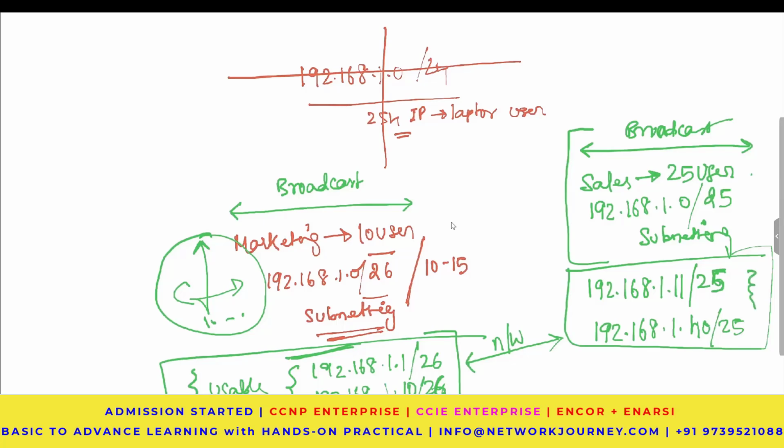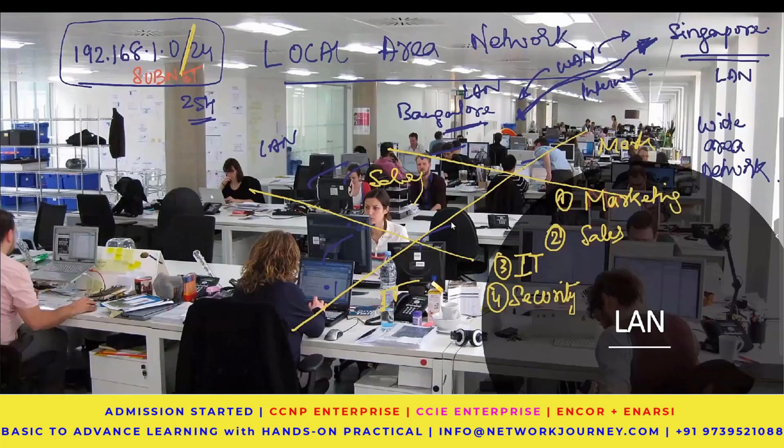So that is how inside an office we divide into multiple subnets, and we keep them dedicated for each team. So you understood the setup of a local area network, right? And what are the different network components you can see here?